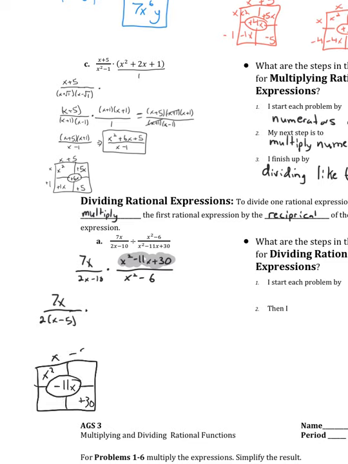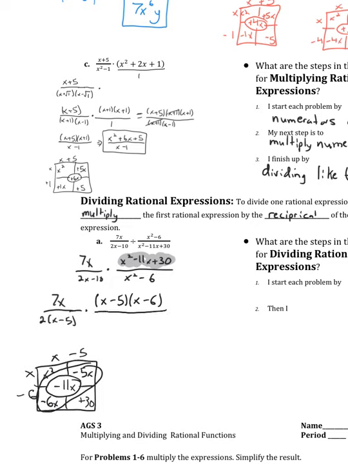If this is a negative 5, then this has to be an x minus 6. That gives me negative 6x and negative 5x, and sure enough, it adds up to negative 11x in the middle. So I double checked it, and it works. I get x minus 5 and x minus 6.